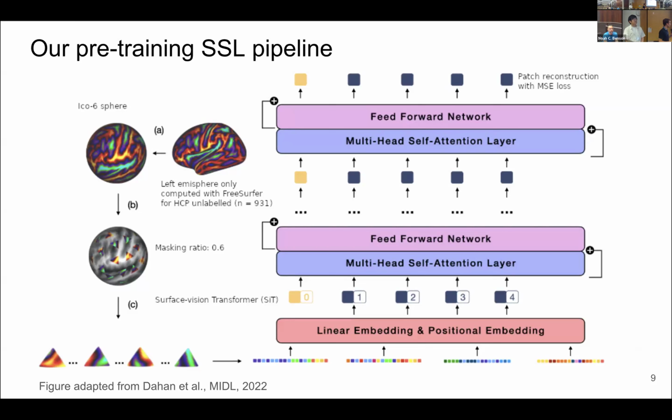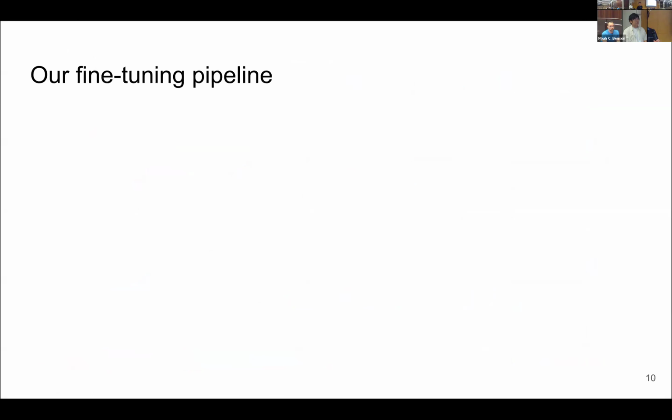And the transformer model is trained to reconstruct the missing patches from all the others. The idea is, again, that this way you are able to capture the general properties of the surface and still exploit the unlabeled data, even if you don't have a retinotopic map from that. This model is called the SiT. It's an adaptation of the vision transformer to surface data done by Daniel Rueckert and Emma Robinson.